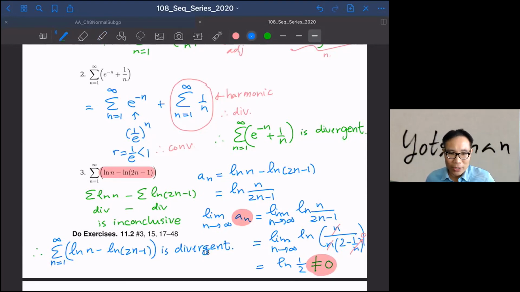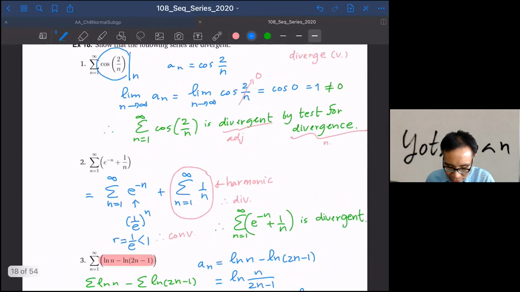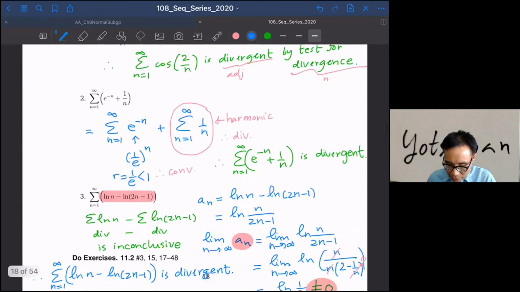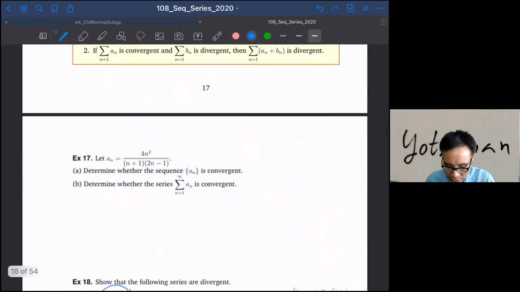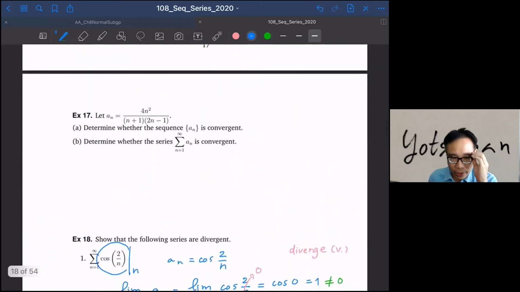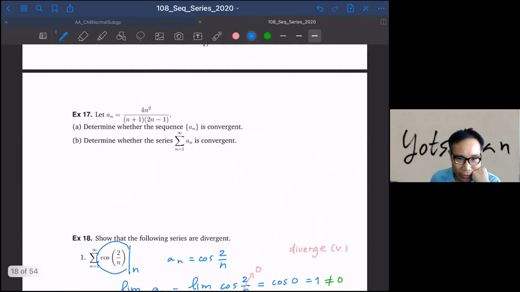Okay, I'm going to go back to the previous example. This one is an example for the test for divergence. In example 17, you have a_n equal to 4n squared over n plus 1 over 2n minus 1. Determine whether the sequence a_n is convergent.